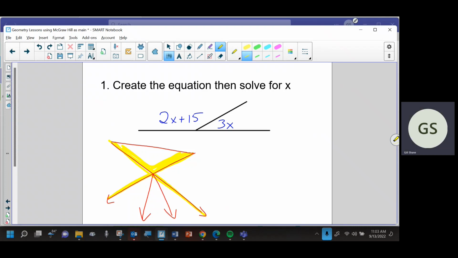It's the angle that uses the same lines, whatever the two lines are that are crossing. You see where I have it highlighted, right? These two lines don't cross, they don't keep going, so I can't use those. So I use the two lines that are crossing to make the other angle.